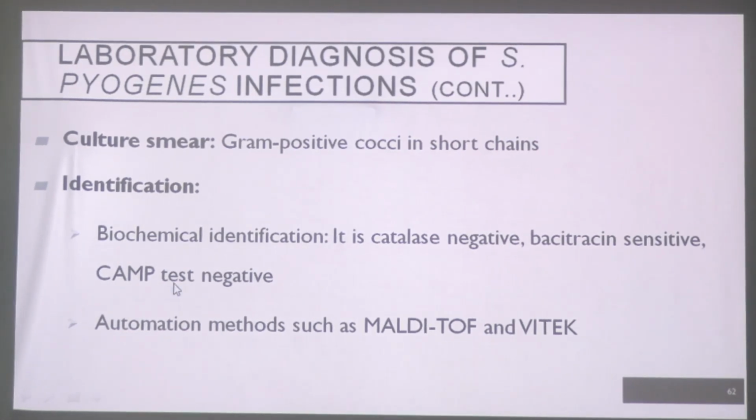What is CAMP test? CAMP test is Christie-Atkins-Munch-Peterson test. Four people together made this test, after them it is the CAMP test. What happens in CAMP test? Group B streptococcus will enhance the hemolysis of Staphylococcus aureus. So what will you do?